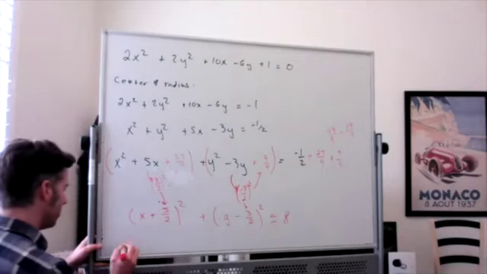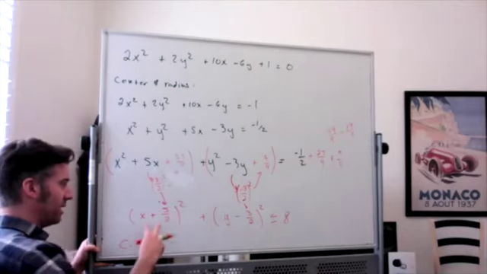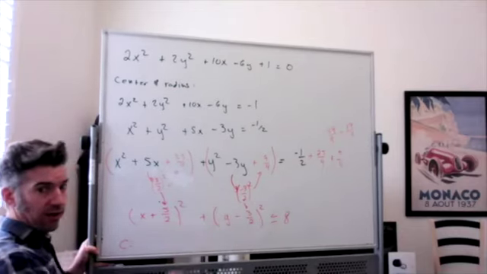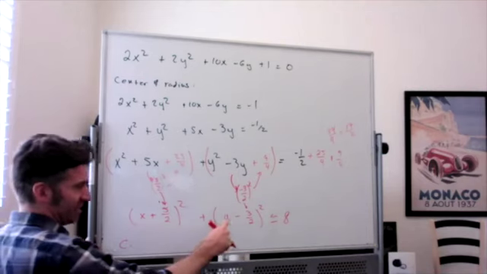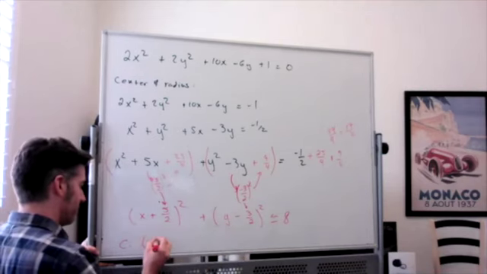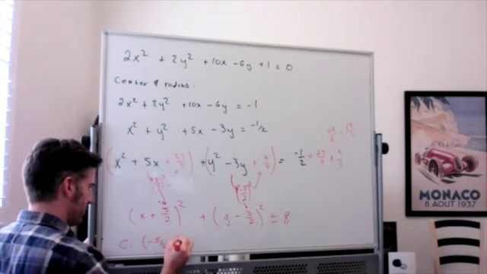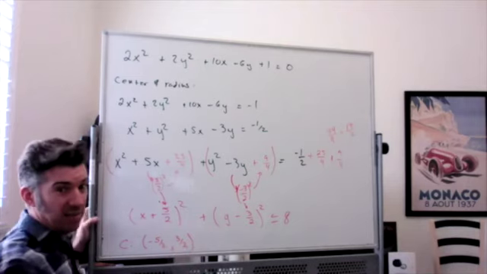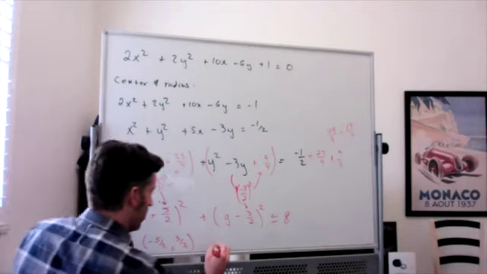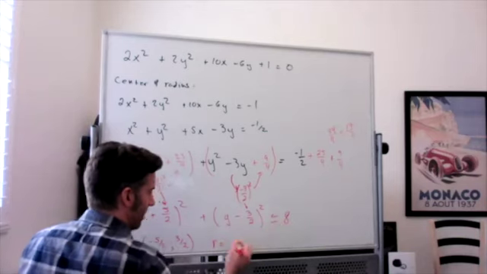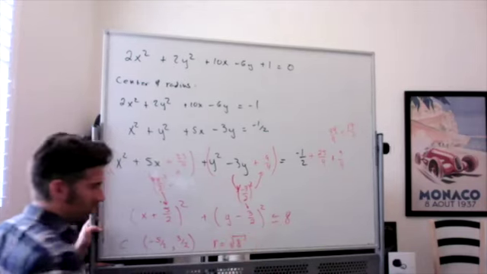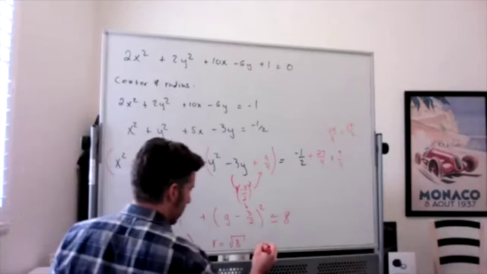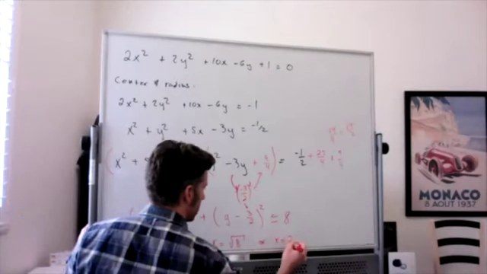The center is the coordinates that make each of these parts 0. So x is going to be -5/2, y is going to be +3/2. And the radius is not a particularly nice number, but it is a number. The radius is the square root of that, which is the square root of 8, which you could rewrite as 2√2.